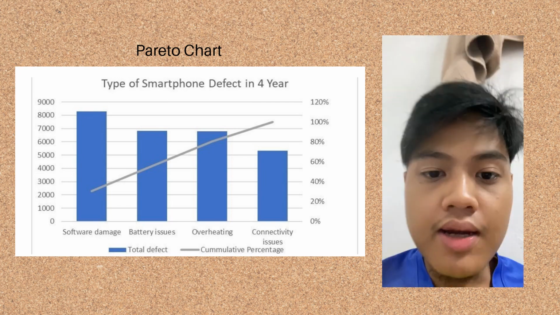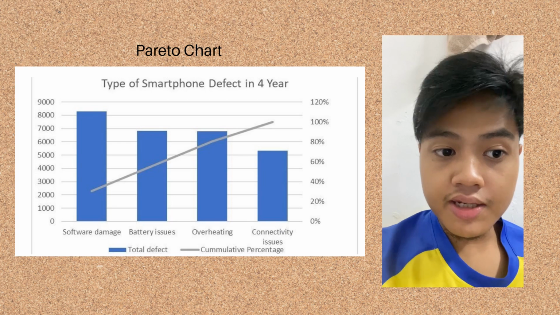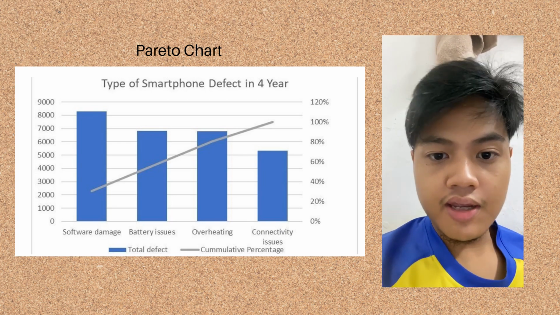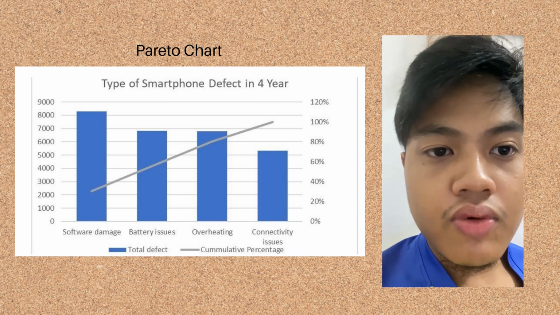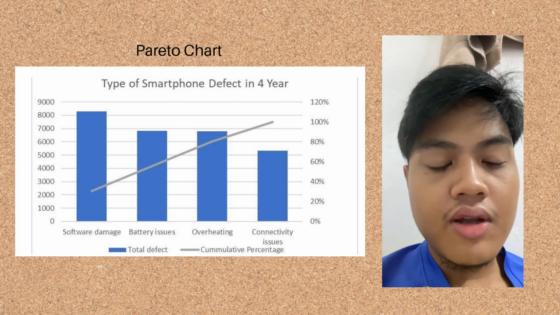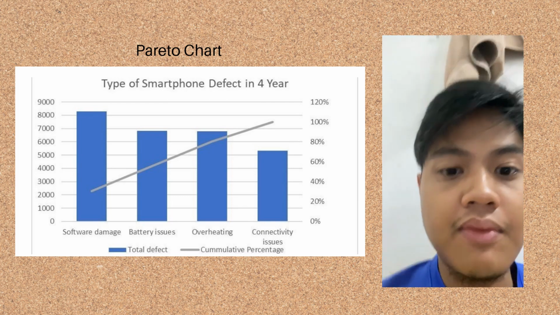We will look at the Pareto chart, which shows the types of defect over 4 years, and the cumulative graph, which lists software damage, battery issue, overheating, and connectivity issue. The graph is used to detect which defect has the highest number.